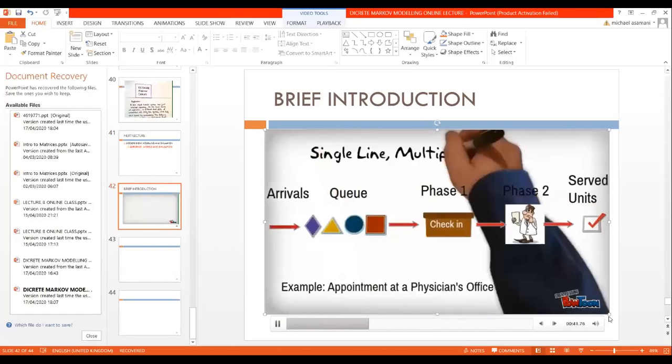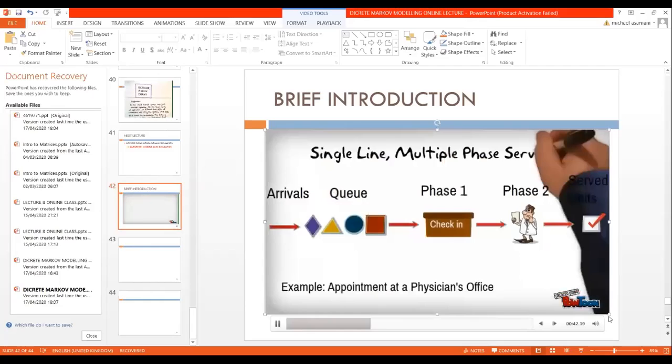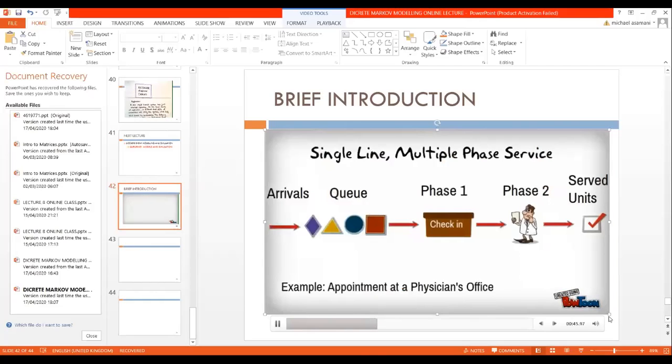Then we have a single line, multiple phase. So I mean, you walk to the physician's office, you have a first check-in at the nurse's area where you take your measurements, okay, temperature and all that before you move to the doctor. So it's a single line, multiple phase, okay, scenario.